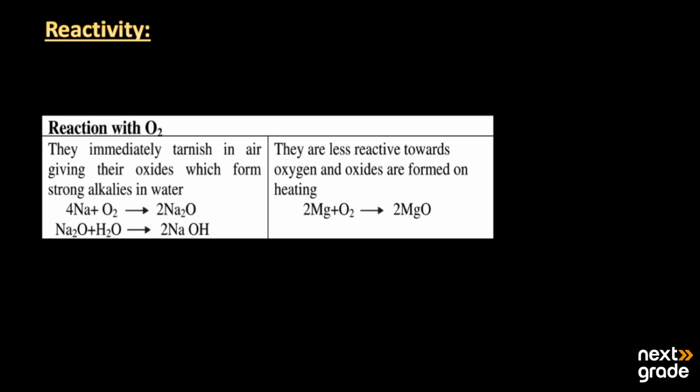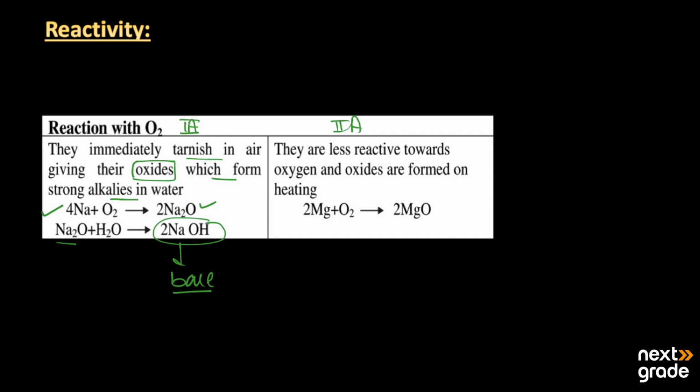Then we have their reactivity with oxygen. This is the alkali metals, group 1A, and this is group 2A. The alkali metals immediately tarnish in air, and they give oxides which form strong alkalis in water. So sodium reacting with oxygen produces sodium oxide, and then with water it produces sodium hydroxide, which is a simple base.